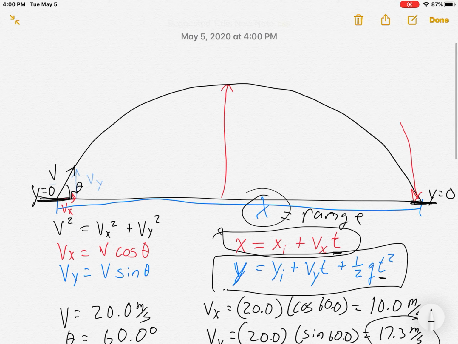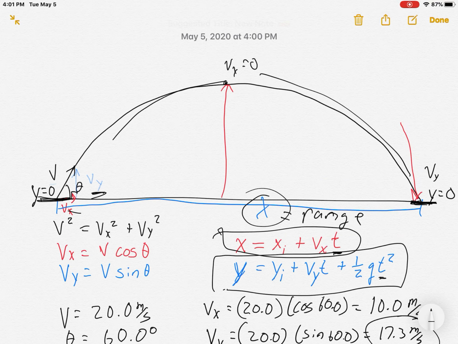I'll tell you where that comes from. You have your initial vertical velocity here that we started with. When it gets to the apex right here, the vertical velocity is equal to 0. And then when it comes back down to the bottom, that initial vertical velocity is regained.